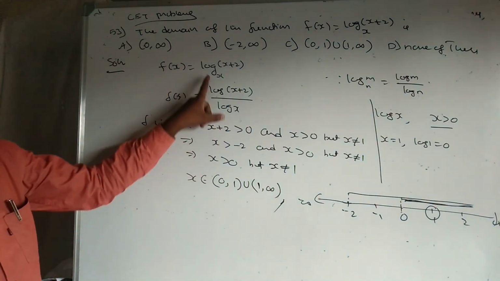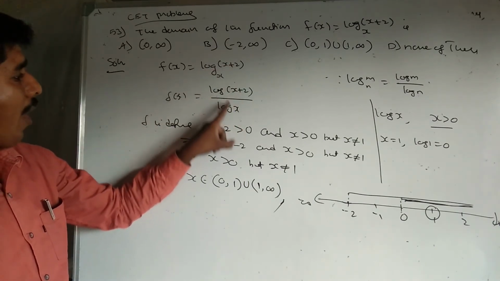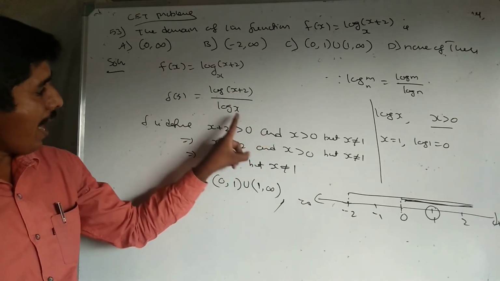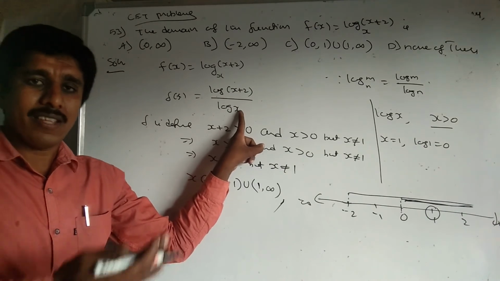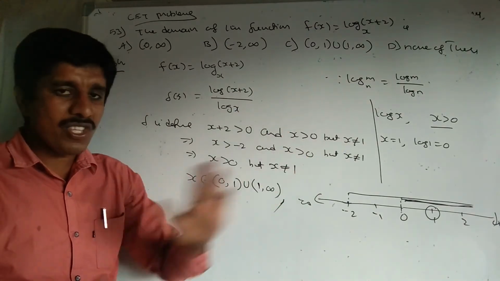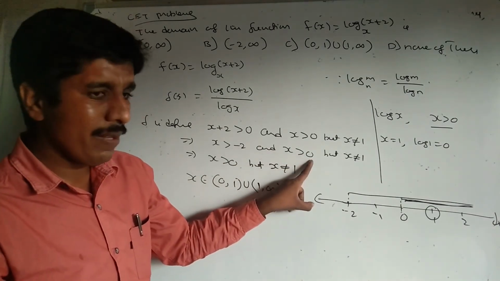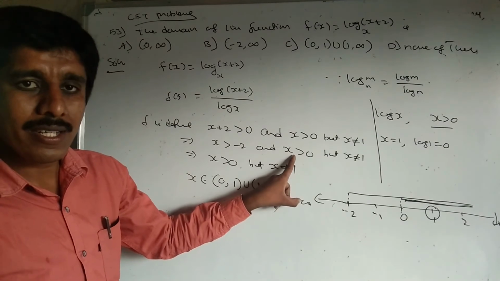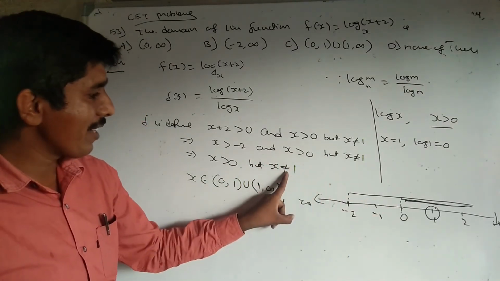Here log m base n can be written as log of x plus 2 divided by log x. This function is defined only when x plus 2 is greater than 0, and x must be greater than 0, but since log x lies in the denominator, x must not be equal to 1. The common solution satisfying x greater than minus 2 and x greater than 0 is x greater than 0, but x is not equal to 1.